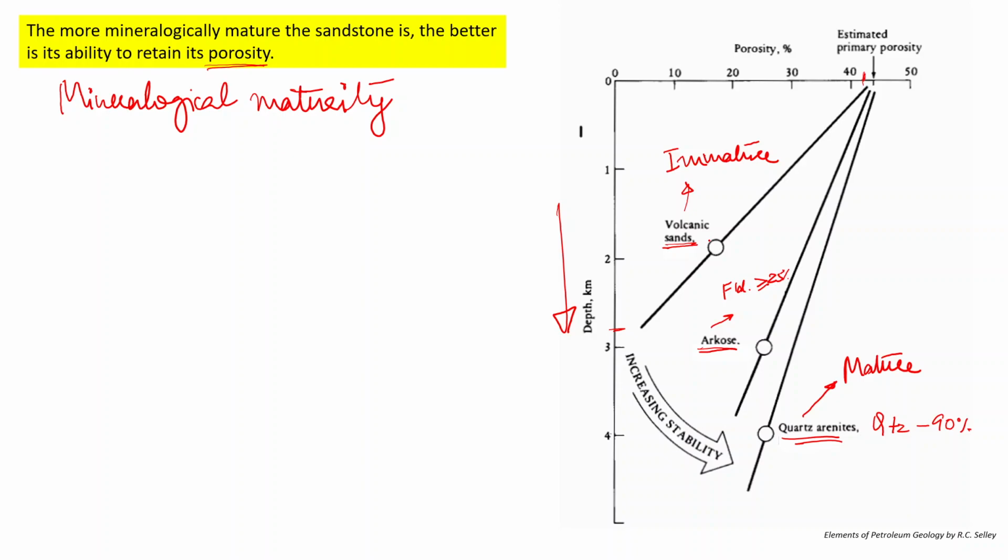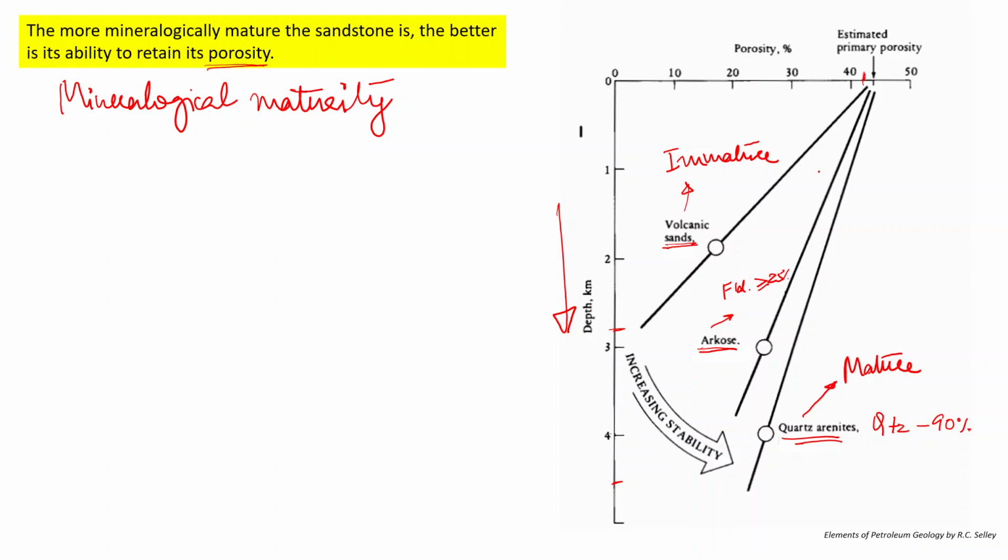If we look at the quartz arenite with depth from surface to almost 4.5 kilometers, there is a change of porosity from almost 45% to not more than 20% or 25%.